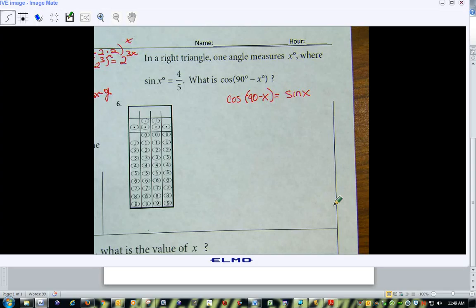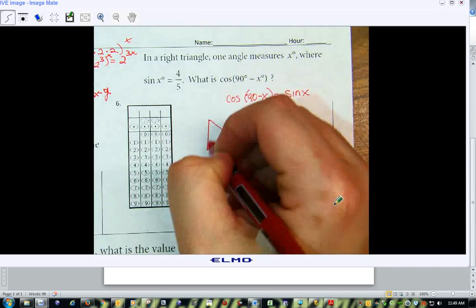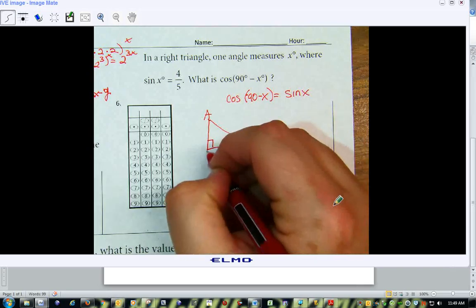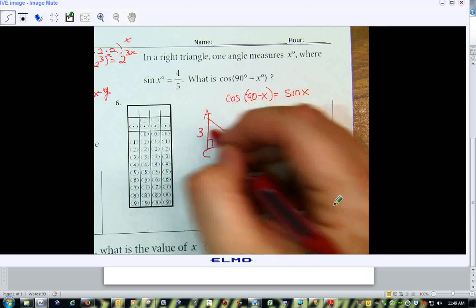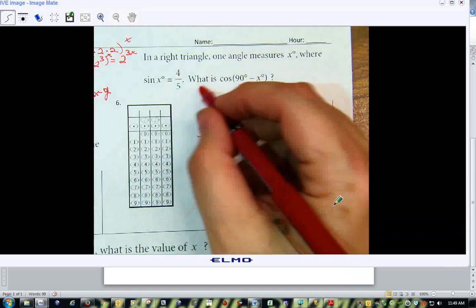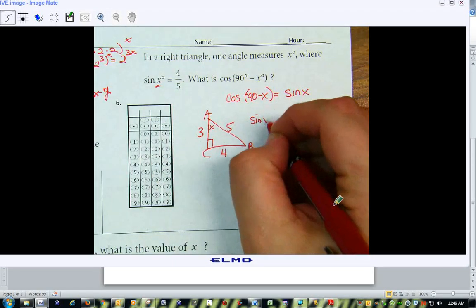Now, if you had a triangle, and I'll just let you in on a secret. Say that's A, that's B, and that's C. And that was 3, that was 4, and that was 5. Now, x is right here. So the sine of x is equal to the opposite side, which is 4, divided by 5.